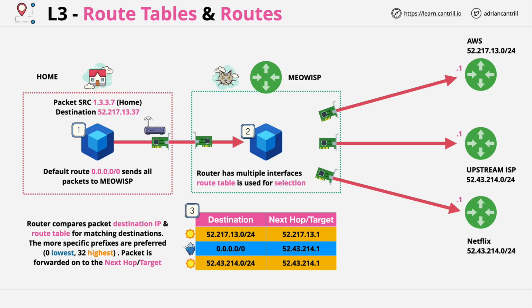Now for the route that's selected, so the top route, it has a next hop or target field. This is the IP address which the packet is going to be forwarded to get one step closer to its destination, or in this case to arrive at the actual destination, and so the packet is forwarded through to this address.